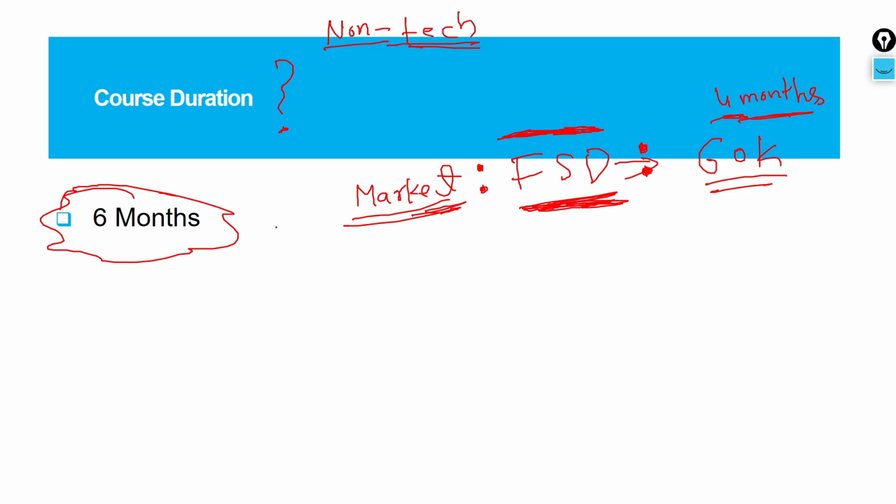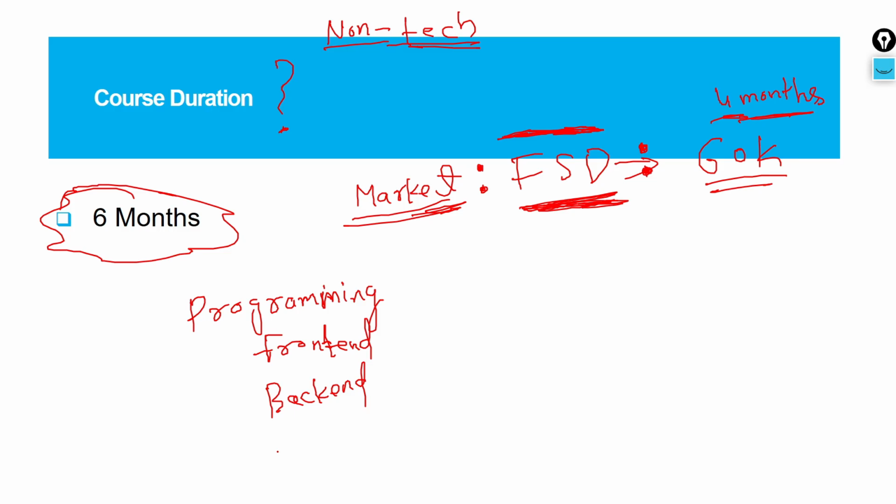There are so many modules: full stack programming, then the front end module, the backend module, and the database. Then some tools modules like Git and GitHub, testing tools, AWS, these kinds of things. How can you complete it in 4 months?